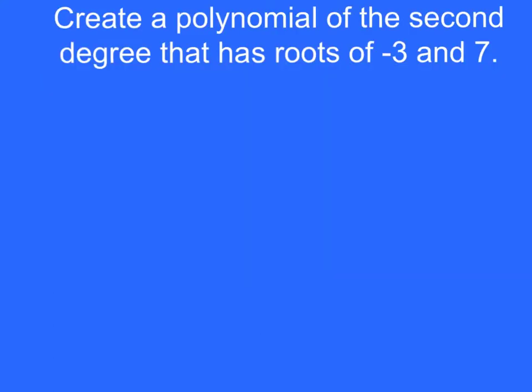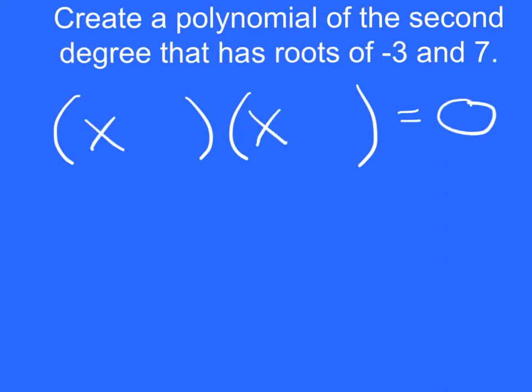Alright, create a polynomial of the second degree that has roots of negative 3 and 7. So if I go through and do this, x and x, what am I putting in the parentheses? Plus 3 and minus 7, the opposite of what's up there.